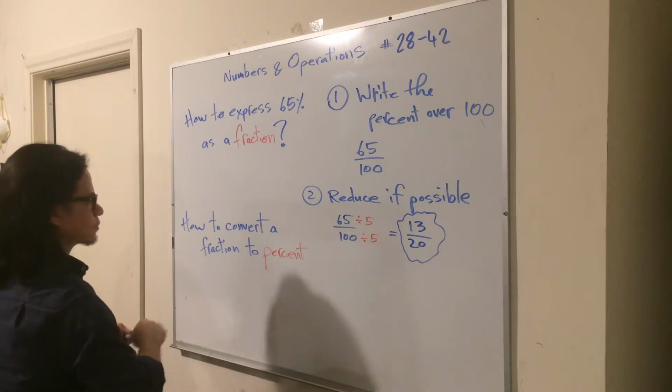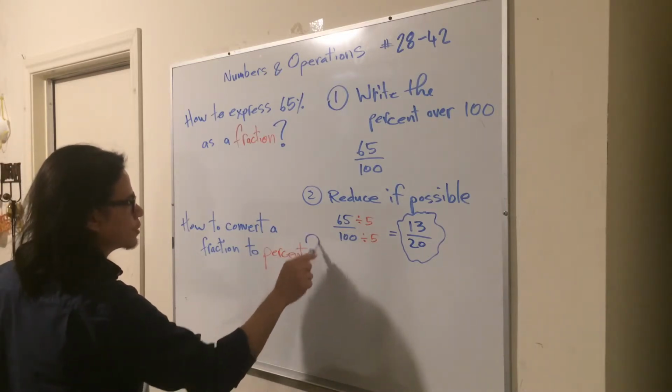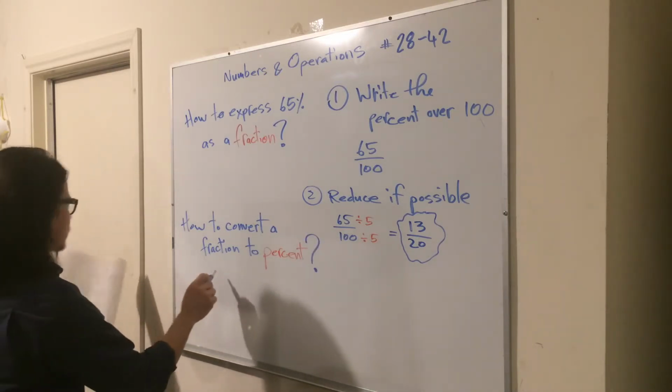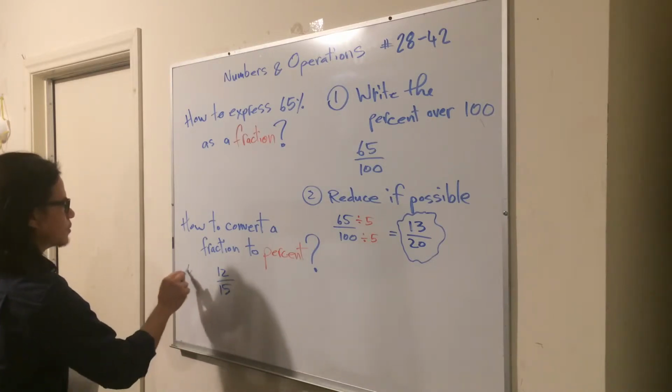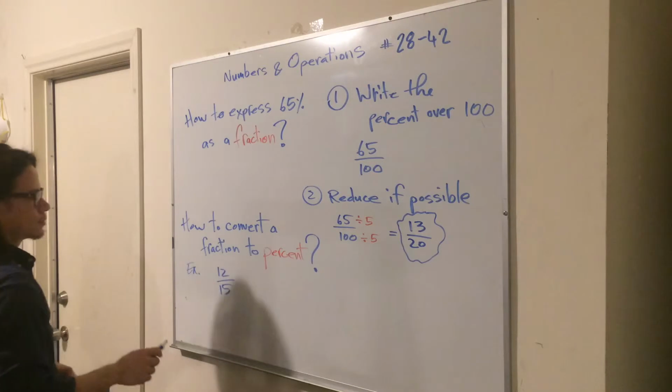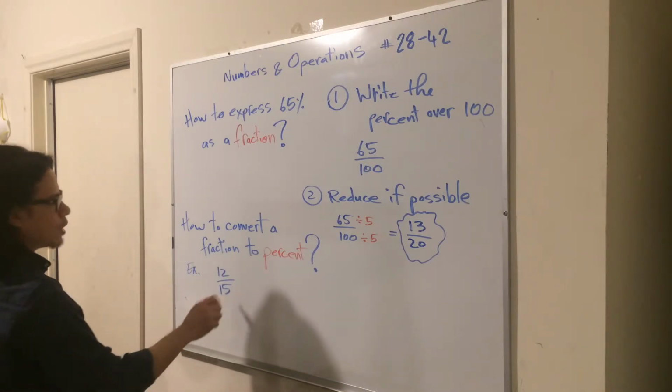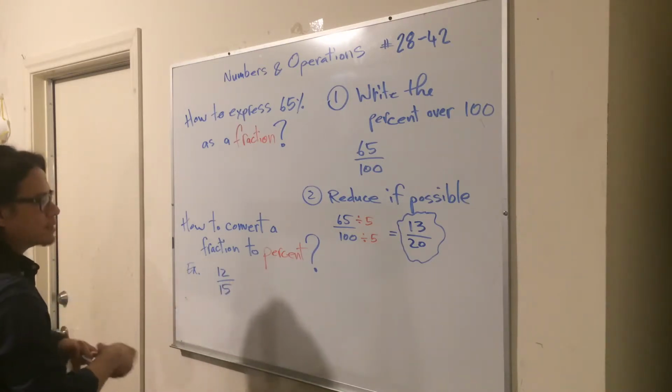Okay, so I'm gonna need to give you a fraction, don't I? So let's take a look at 12 over 15 as an example. Okay, what would 12 over 15 be in percent?